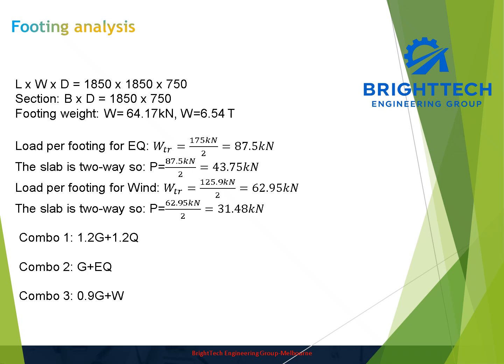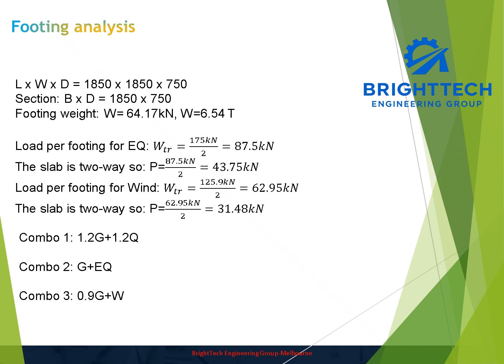The slab is two-way, so we need to again divide the force by 2, which results in 43.7 kilonewton. Load per footing for wind, we have 125.9 over 2, which is 62.95 kilonewton. And the slab is two-way, so we divide it by 2, which is 31.48 kilonewton.